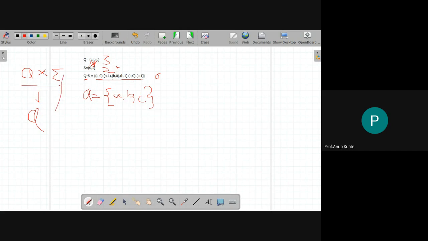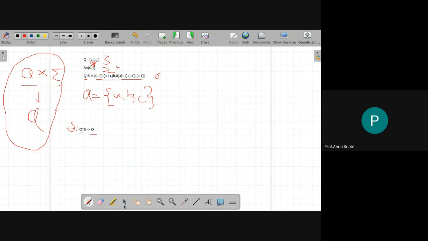This mapping will be represented as Q cross sigma map to Q. It will be given a new name, which you will call delta. Okay, I don't have that symbol with me, so I'll just draw that symbol, delta.